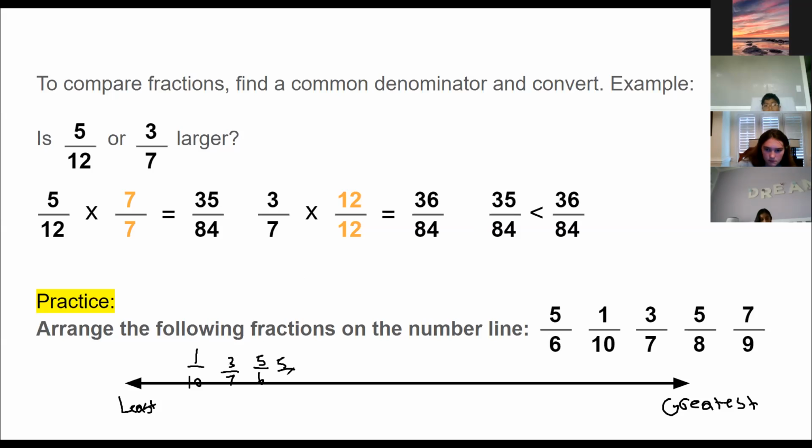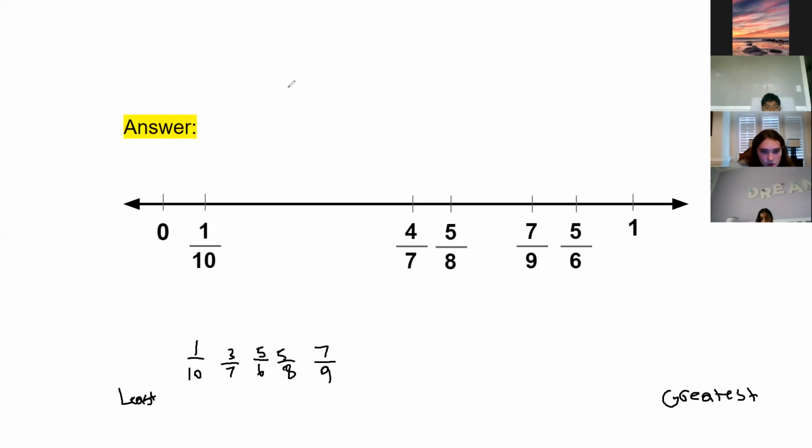I think the others like that. Do you think it's like that? Yeah. All right, do you want me to check the key? Let's see if you got it right. Why does it say 4/7? It should say 3.